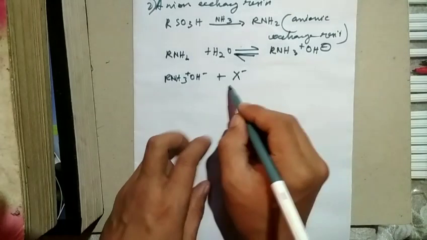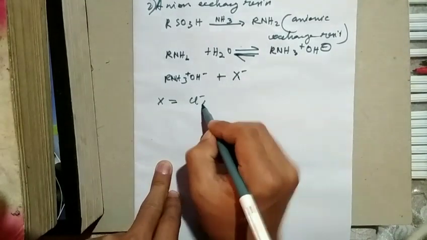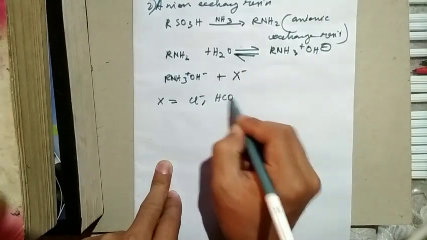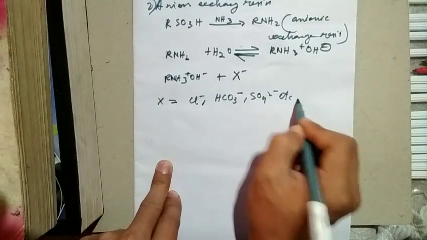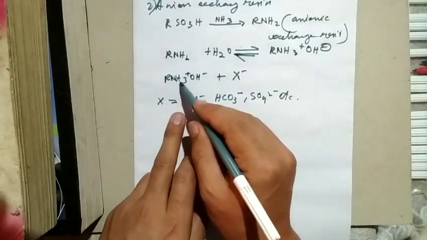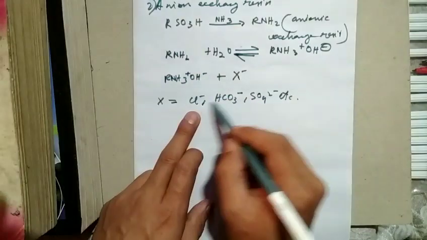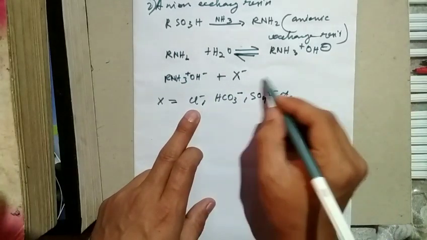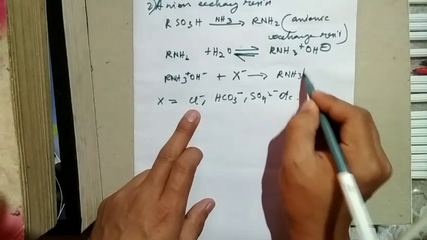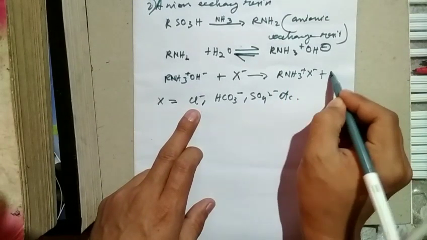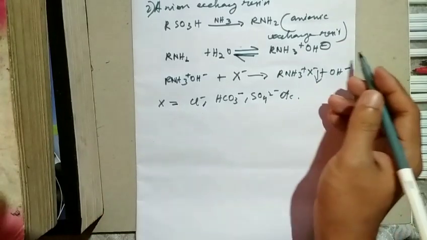X can be chloride, hydrogen carbonate, SO4 2 minus, etc. This OH exchanges with these anions to give RNH3 plus X minus plus OH minus. So this is removed.